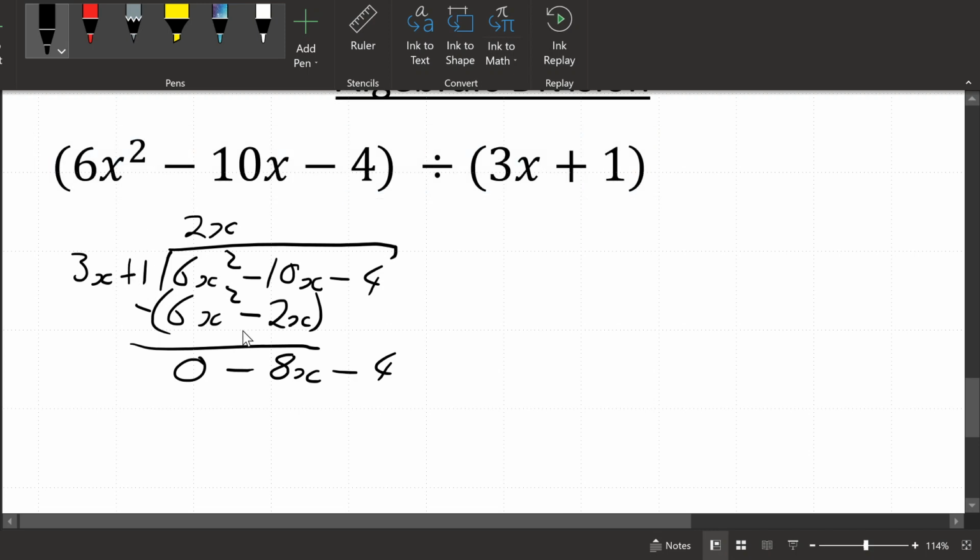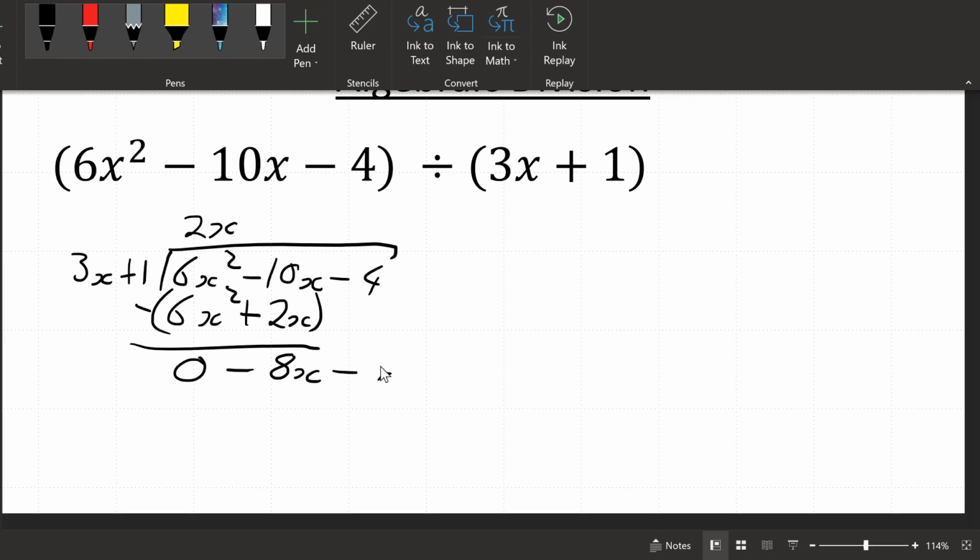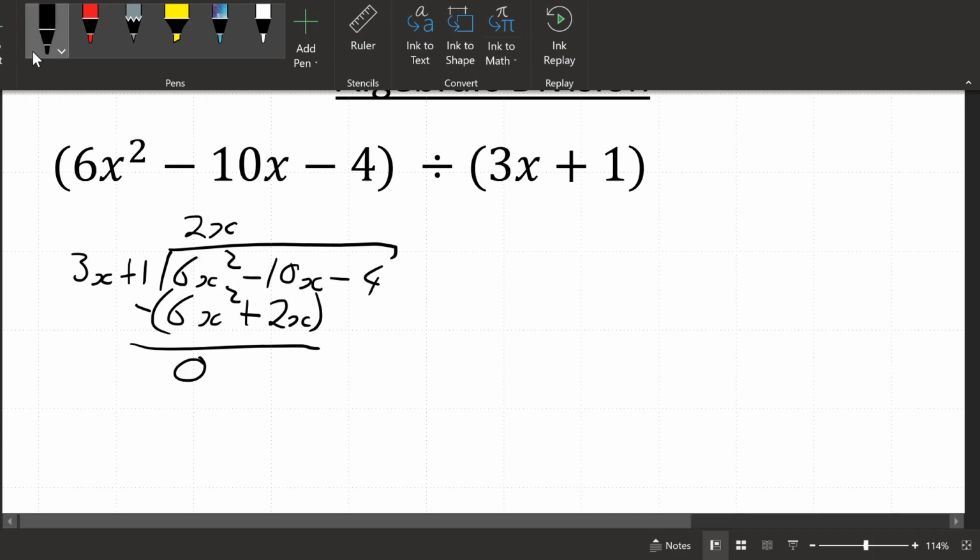So plus in here, plus in here, and then because it'll be taking away a positive, it'll be subtract. So 10 minus 10, take away 2, that'll be minus 12x. And then we'll end up with a negative 4 here.